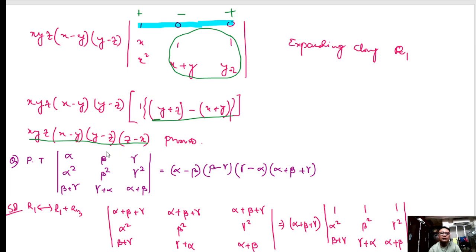So let us take the next sum, this, and we have to prove this. Using the operation R1 plus R3 and keeping it in R3. So let's see. R1 plus R3 and keeping it in R3.